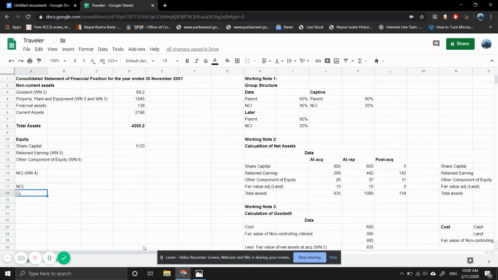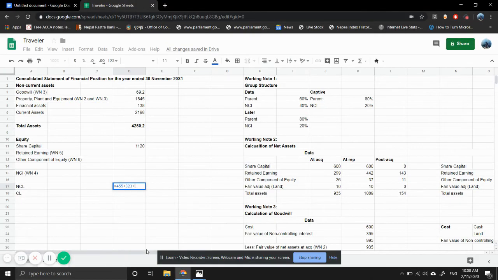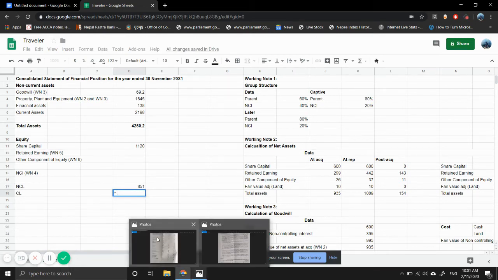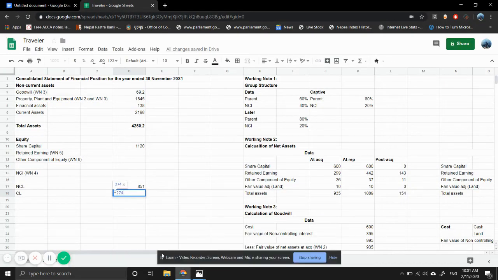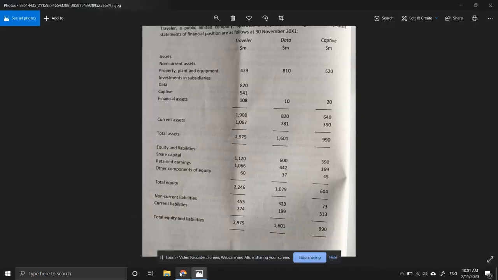455, 323. 455 plus 323 plus how much was the other one? 73, right? So in the case of current liabilities, it was 274, 199, 313. 274 plus 199 plus 313, right?